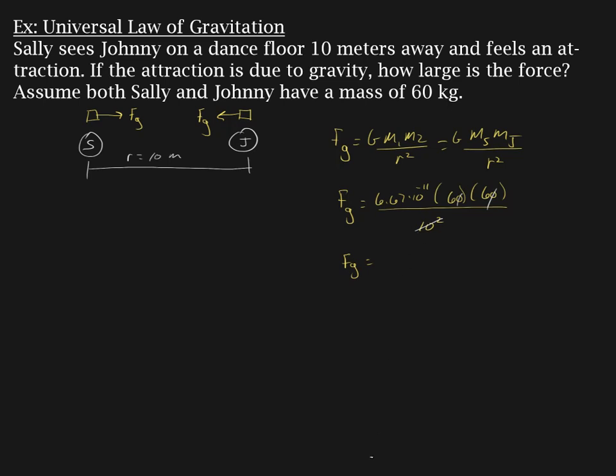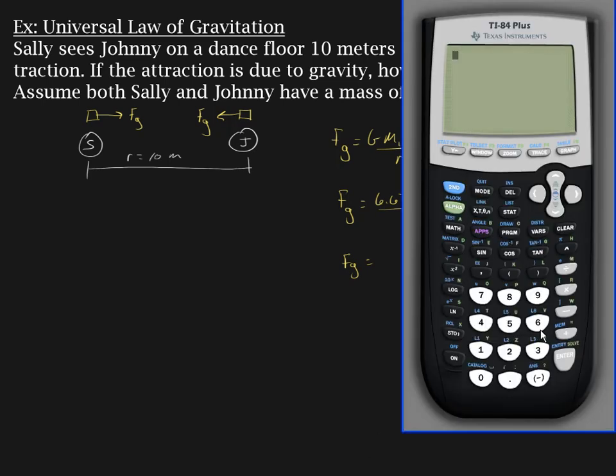All right, and so let's go ahead and calculate this. So we have 6.67 EE minus 11 times 60 times 60 divided by 100.